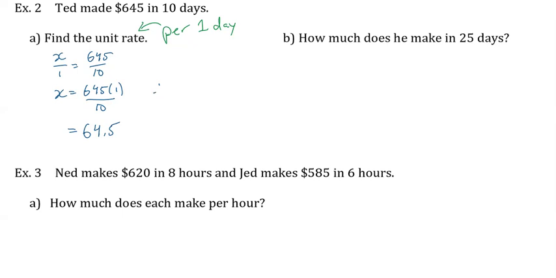How much does he make for 25 days? So how much for 25 days if it's 64.50 for 1 day? But you probably know, don't you just multiply by 25?